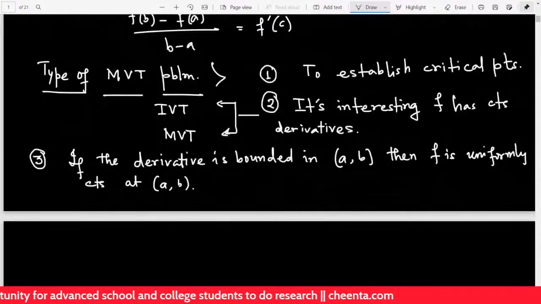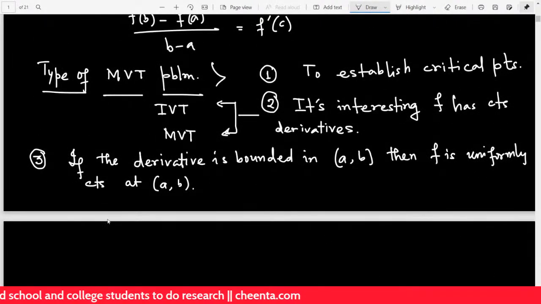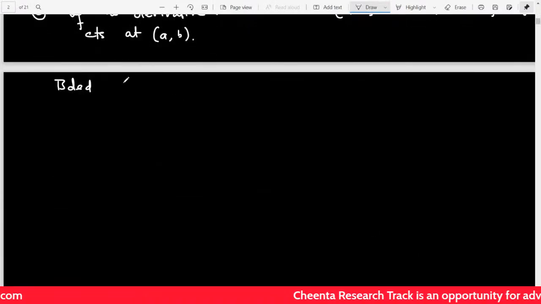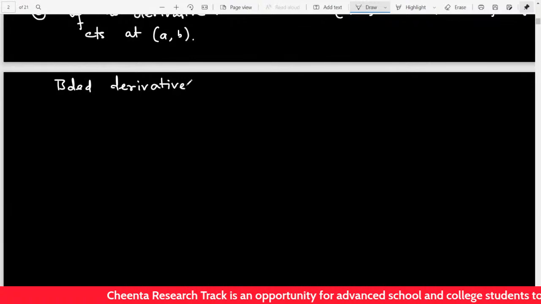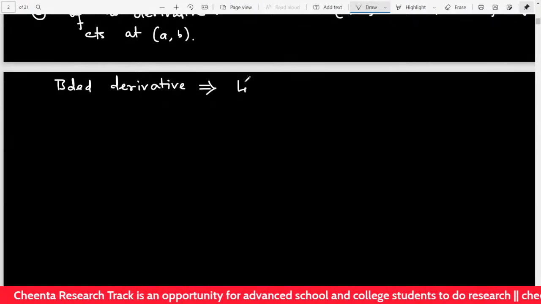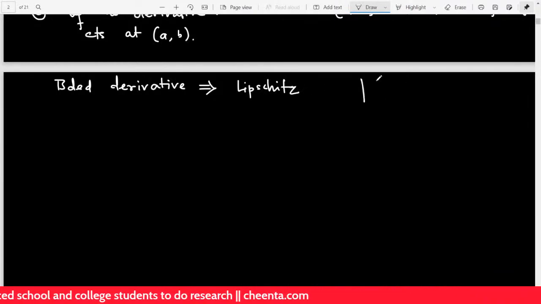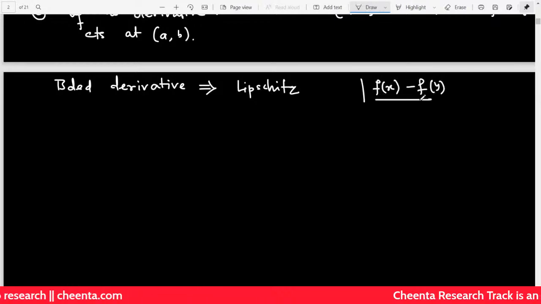So one of the things is that a bounded derivative implies Lipschitz, because if you look at this, it is of this form.